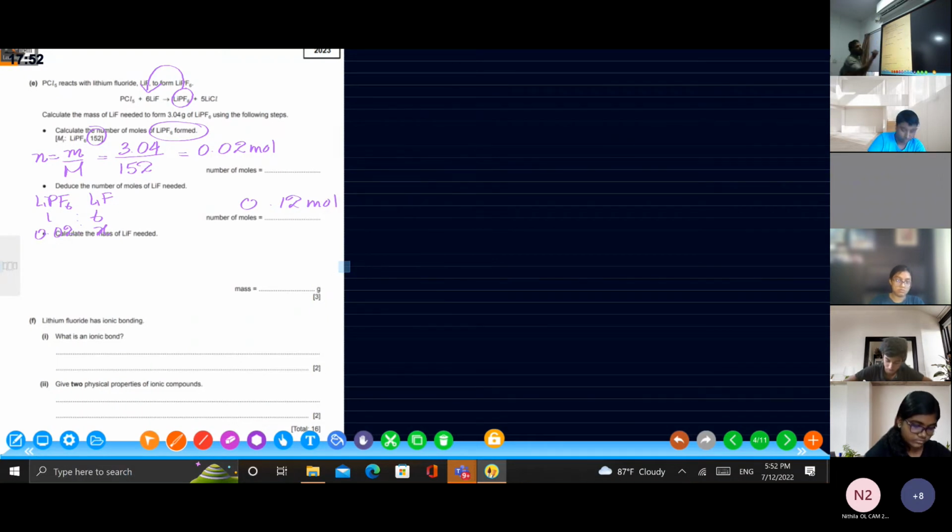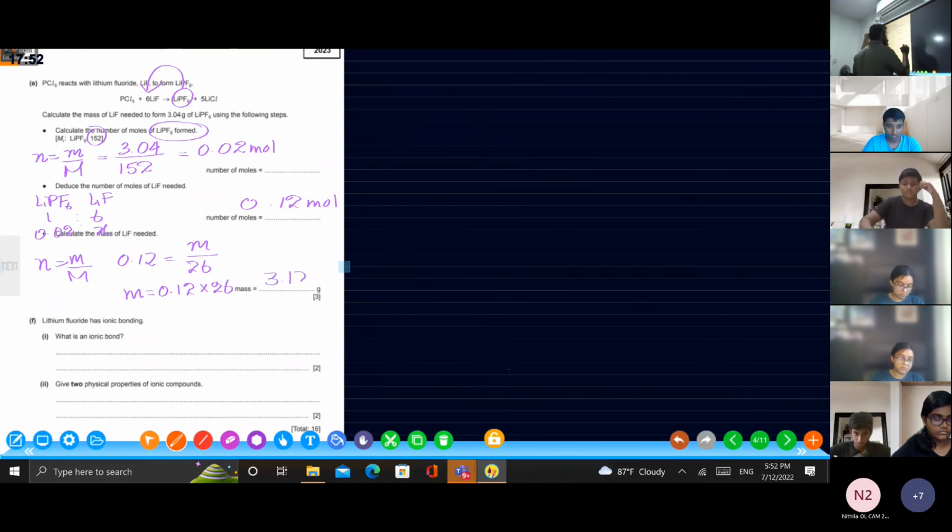Then you apply n equals m over capital M. Moles will be 0.12. Mass, we don't know the molar mass, you need to calculate it. The molar mass is 26. So m is equal to 0.12 times 26, so you get 3.12. So 1 mark for each calculation, because there are only 3 marks there.